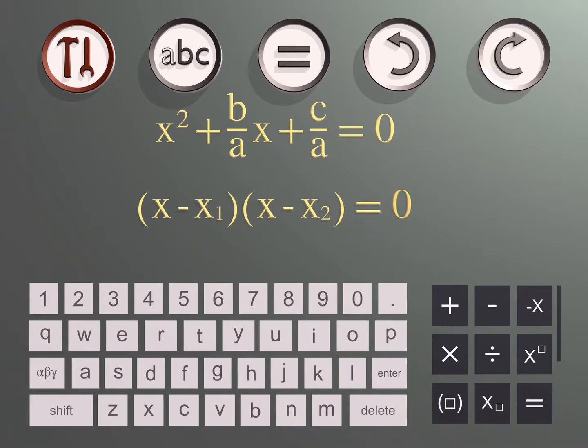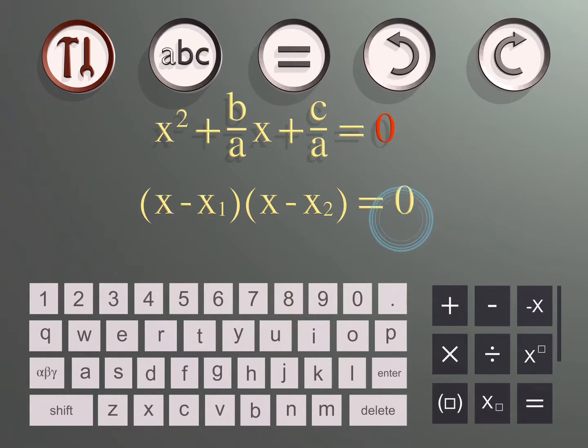Now why do I want to do that? Well, of course, because the bottom equation has very simple solutions. If x is equal to x1 or x2, the left-hand side is 0, so the equation is solved. So to show that the top equation can be put in the form of the bottom equation, let's set them equal to each other.